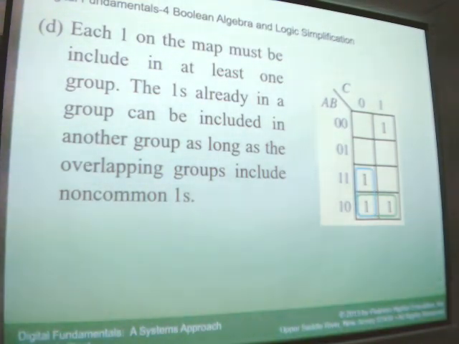We can ignore this group, because with the first group and the third group, all the ones are included in at least one group. So the second group is not needed. So this green one is no need.